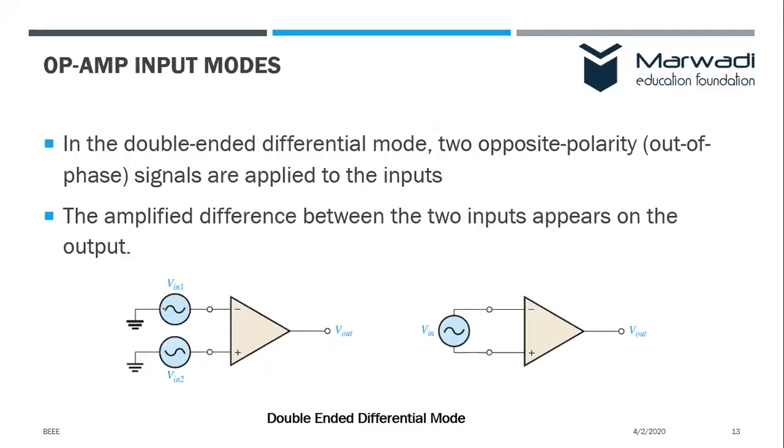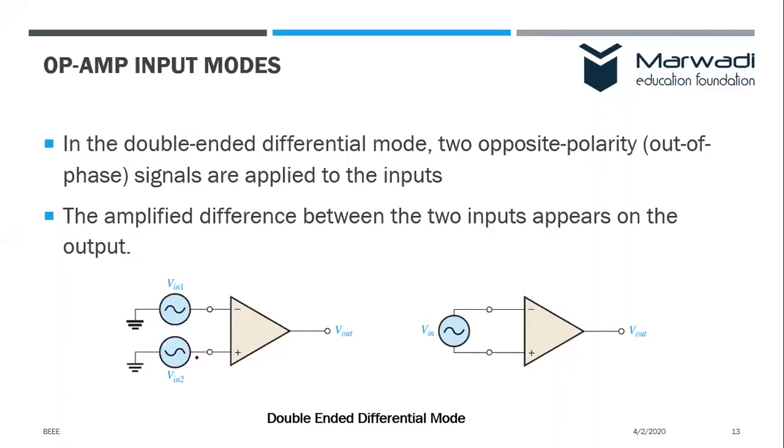It means that we have two signals. One is a sine wave, so it is starting from the positive half cycle and going to the negative half cycle. Whereas on the other hand, we have a sine wave, but it is going through the negative half cycle first and then the positive half cycle.